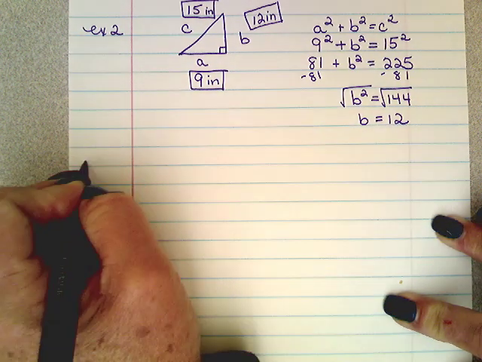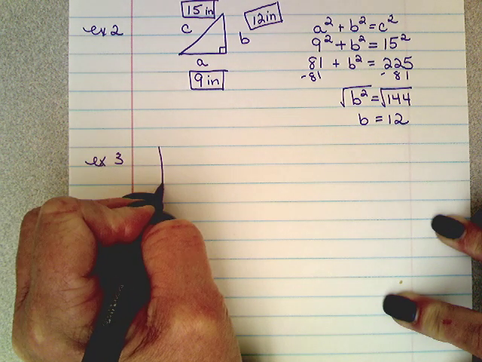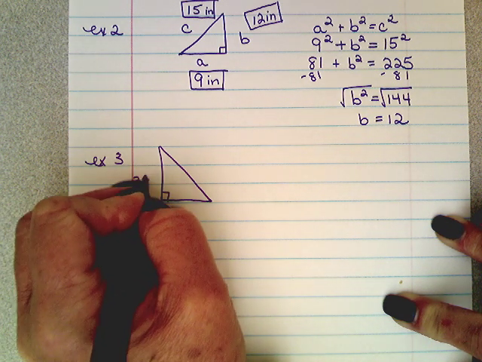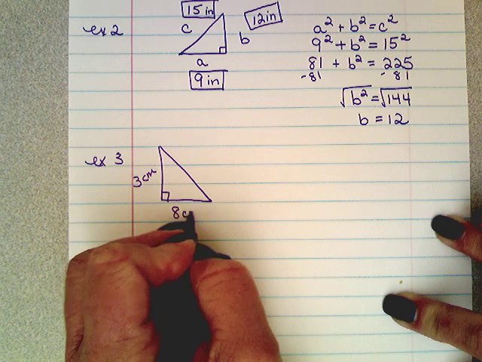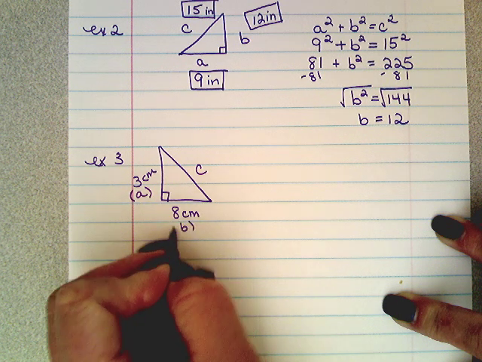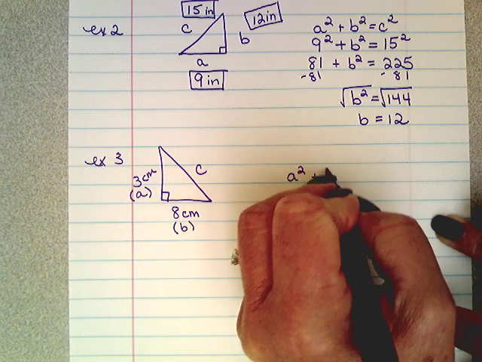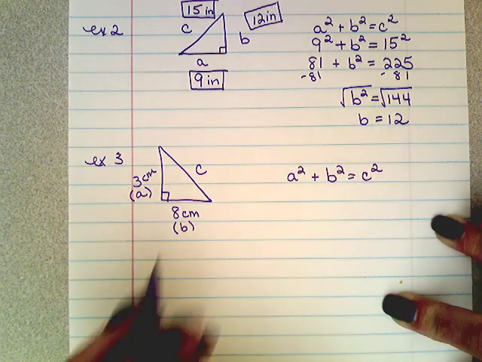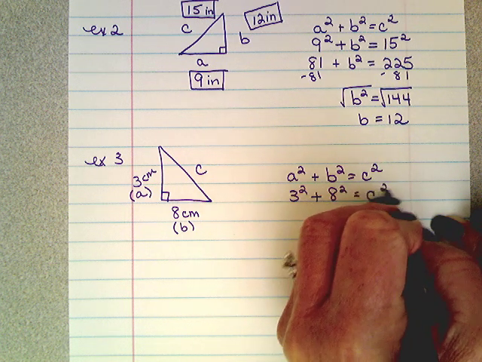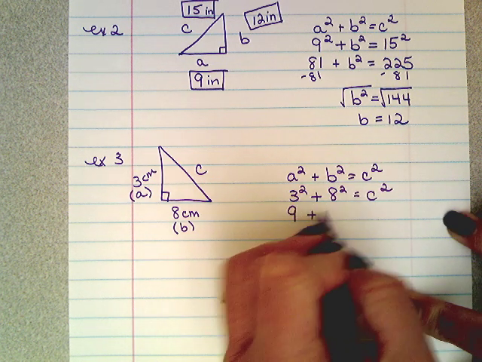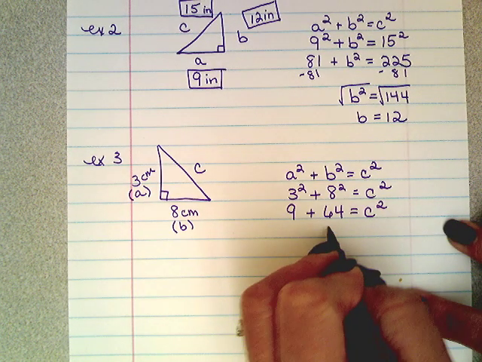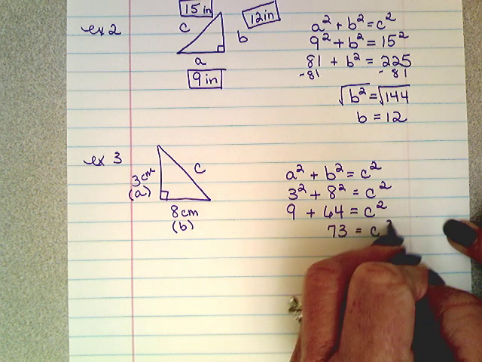So if we have another triangle, and we have 3 centimeters, and we have 8 centimeters, and we're looking for C. So this would be A, and this would be B. A squared plus B squared equals C squared. 3 squared plus 8 squared equals C squared. 9 plus 64 equals C squared. So 9 plus 64 is 73 equals C squared.